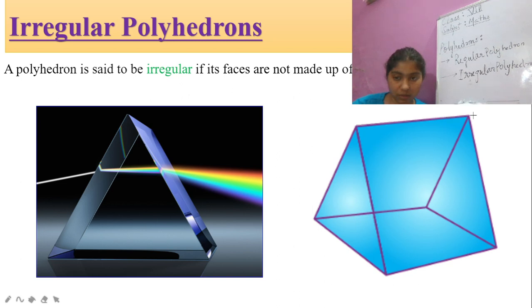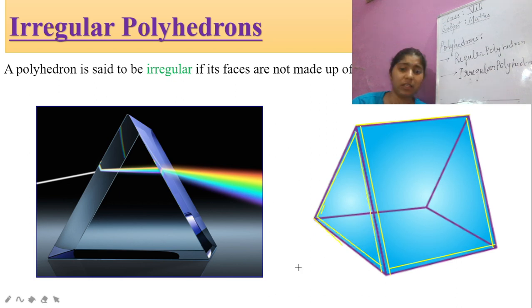let me mark again. So this is a rectangle, and the other one we see is a triangle, right?